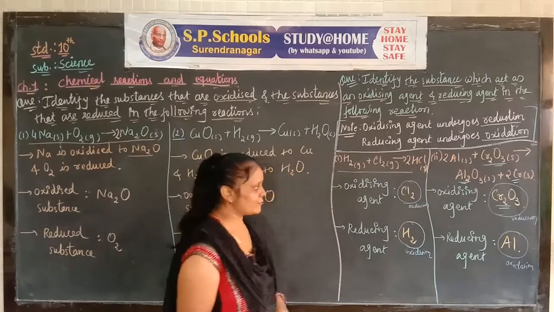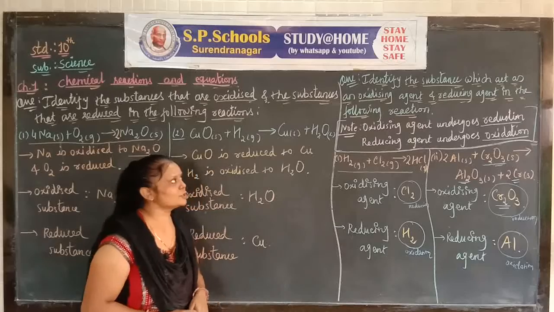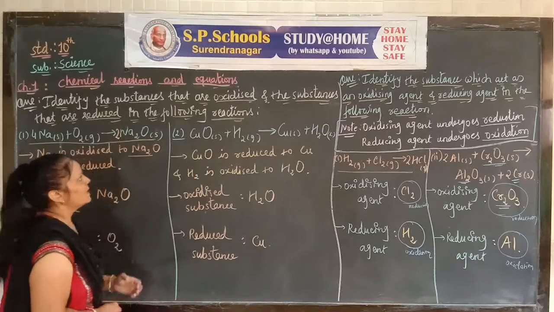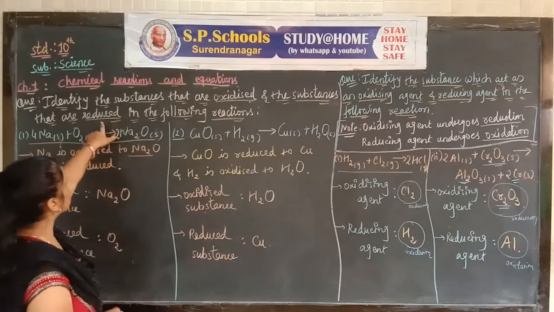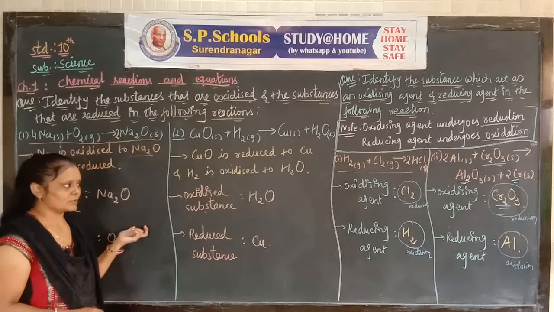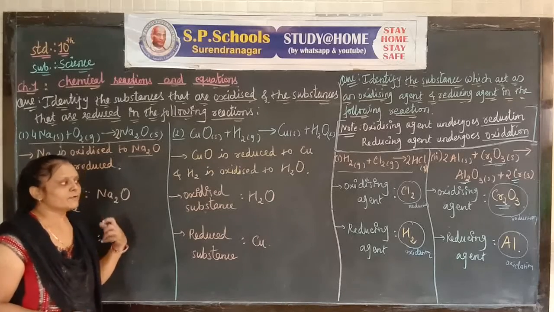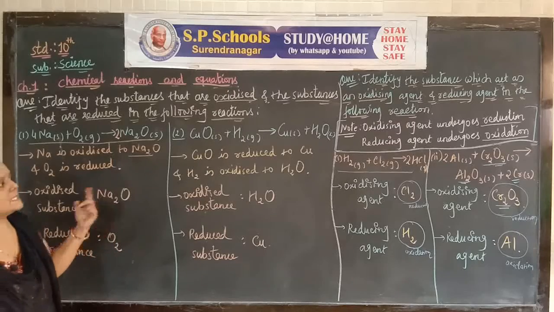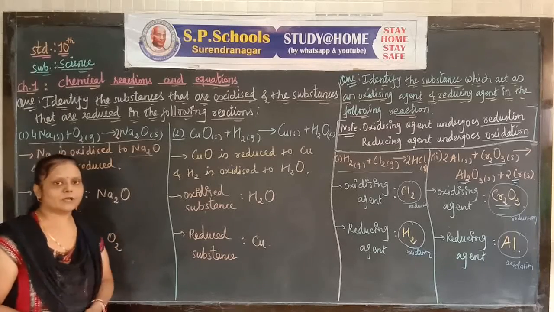So be careful when asked about the oxidizing agent and reducing agent, and the oxidized substances and reduced substances. You have to write the answers to both questions first in your rough book two to three times, and then write them in the fair book.